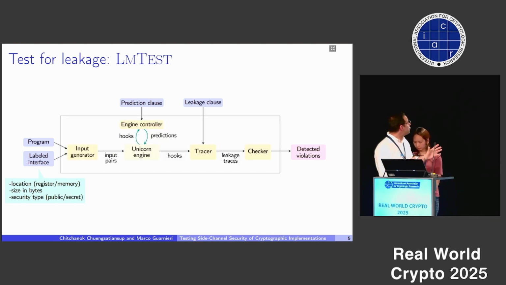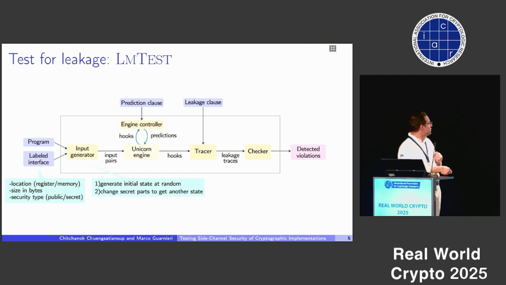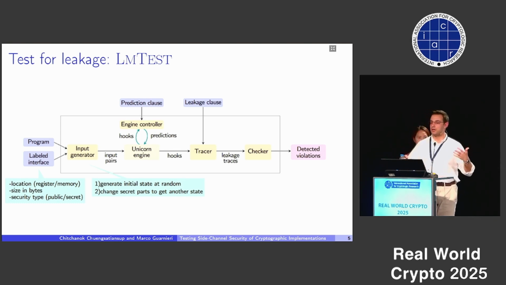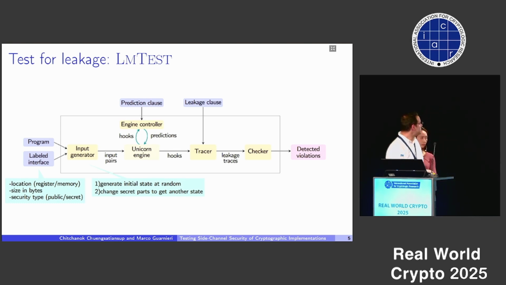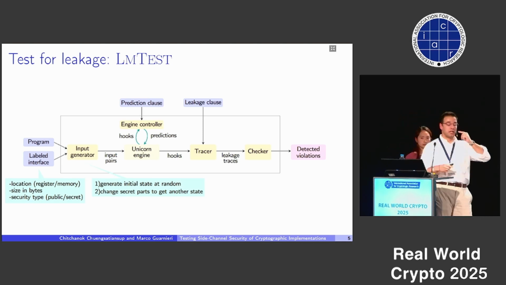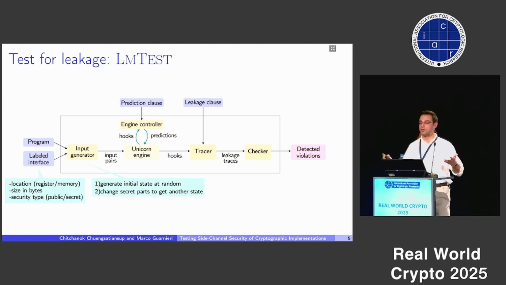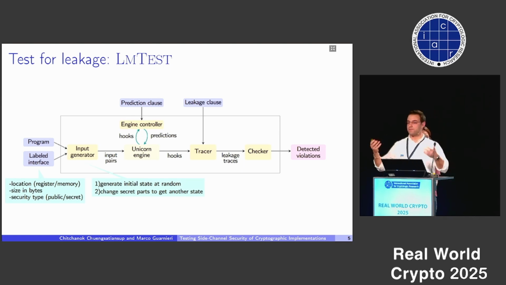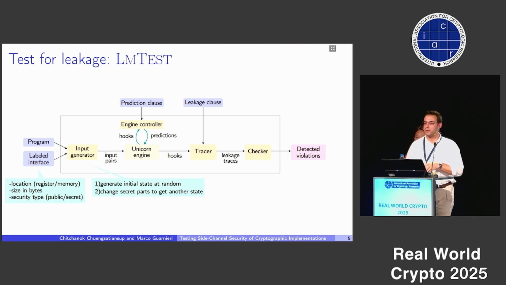So how do we do it? Well, we start by generating pairs of inputs that are public equivalent, by first generating one random state and then mutating the secret part to obtain a public equivalent state. Then the core part of our approach is an executable semantics for our leakage models. We take the prediction and leakage clauses specified by the user, and we compile them down into a set of event hooks for the Unicorn CPU emulator.